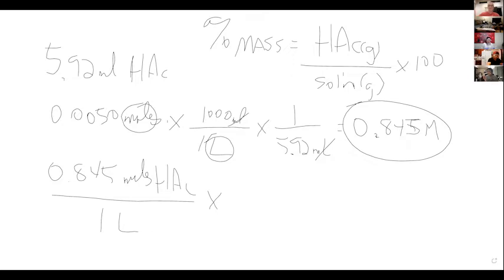Well, that's easy enough to do. How do we do that? How do we convert moles of acetic acid to grams? Molar mass. The molar mass. Exactly. So I believe the molar mass was 60.06. Let me double check on that.